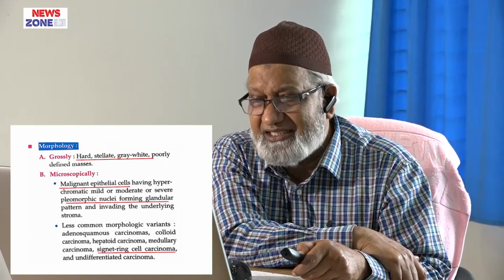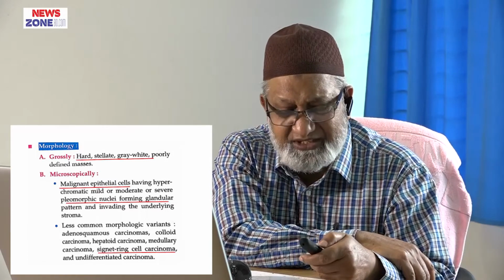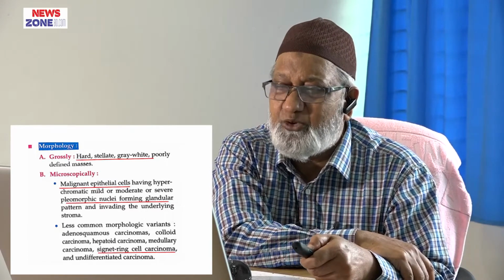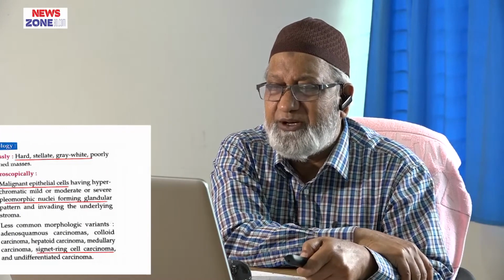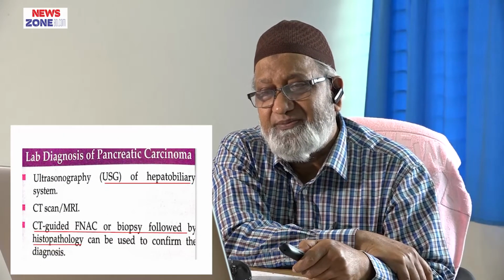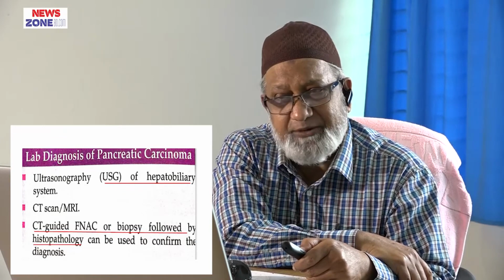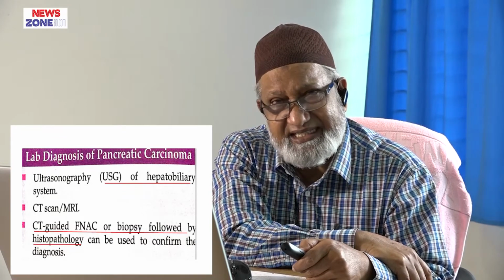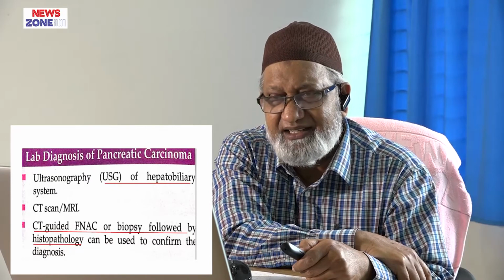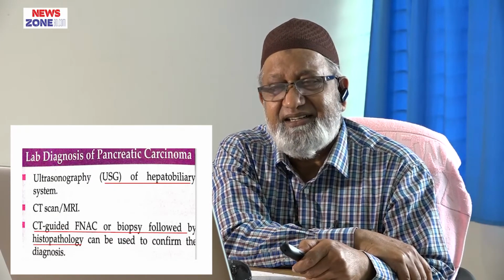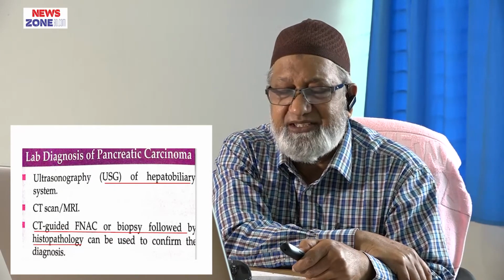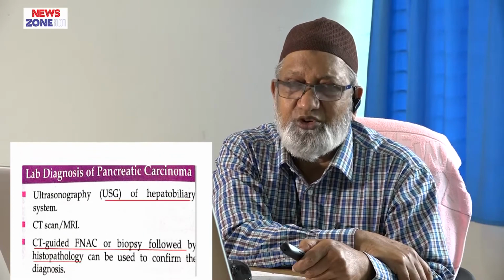Other types, such as undifferentiated, are also found, but mostly it is an adenocarcinoma. How will you diagnose a case of pancreatic carcinoma? Again, ultrasonogram of the hepatobiliary system, CT scan or MRI, CT-guided FNAC or biopsy followed by histopathology to confirm the diagnosis.